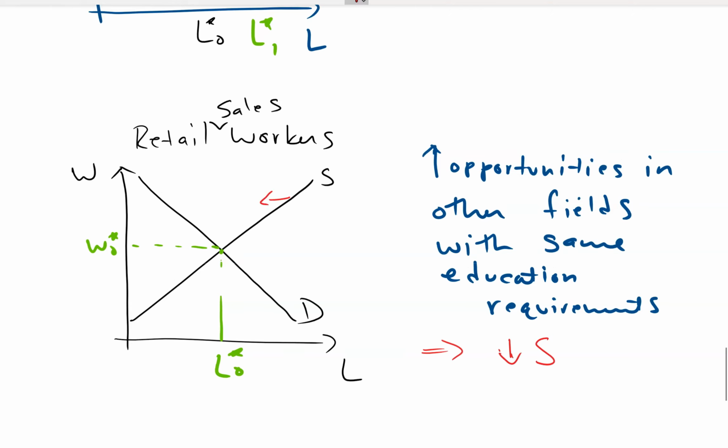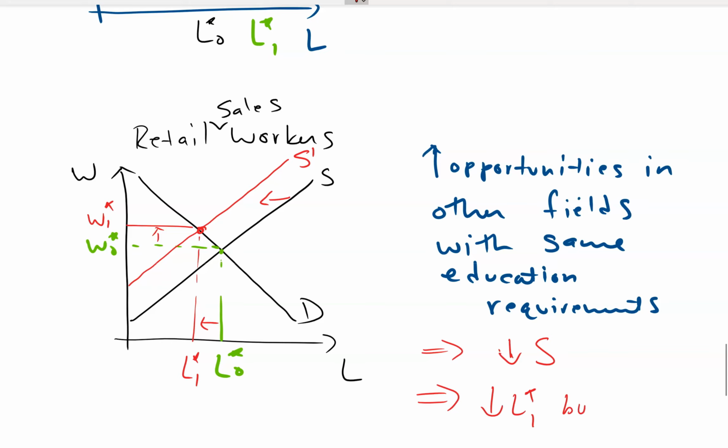So you're going to see a decrease in supply. Remember, the decrease happens horizontally. If nothing else changed, so the business climate in this area didn't change, this would lead to fewer people working in retail but higher wages. The final result is fewer workers, but higher wages.